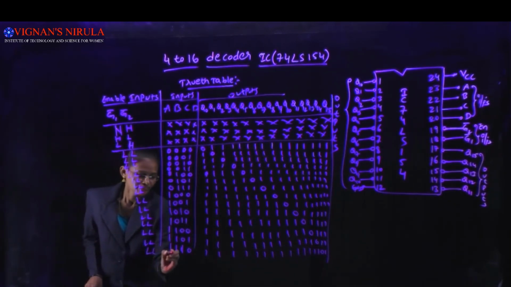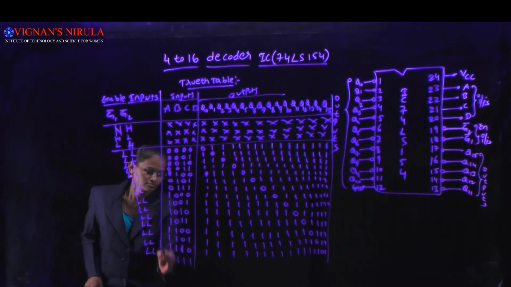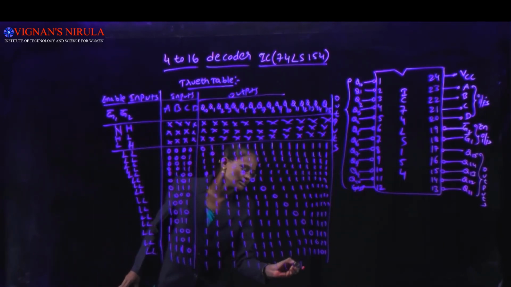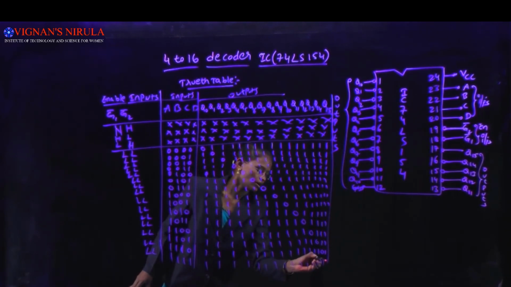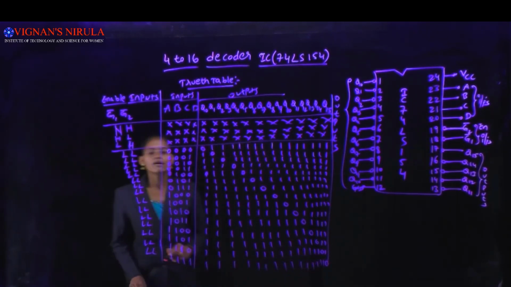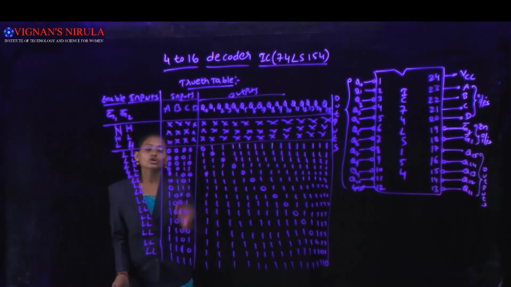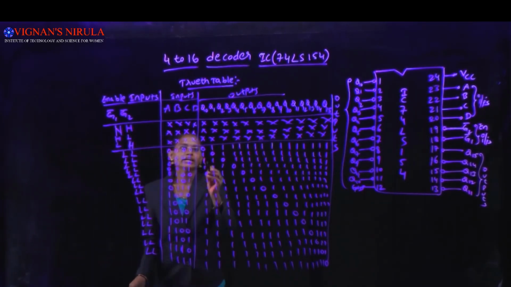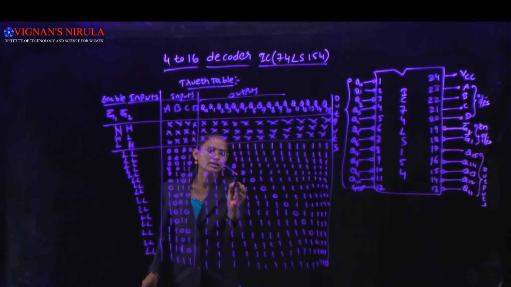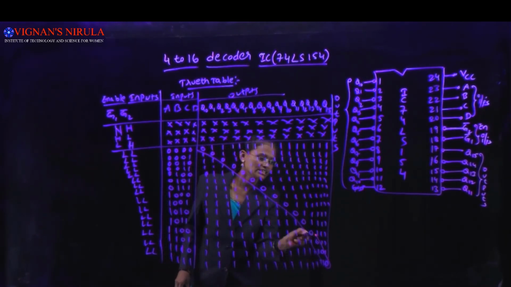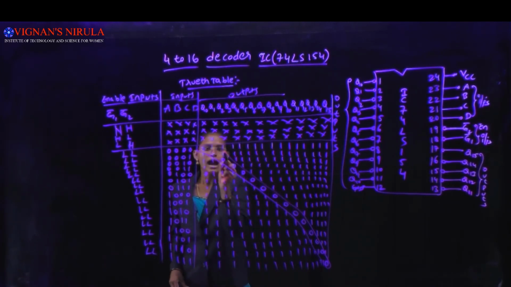And next 15, and Q15 output is low and remaining all are 1s. This is the truth table for the 4 to 16 decoder. Here Q0 to Q15, all outputs are low. By using the IC, low outputs appear.